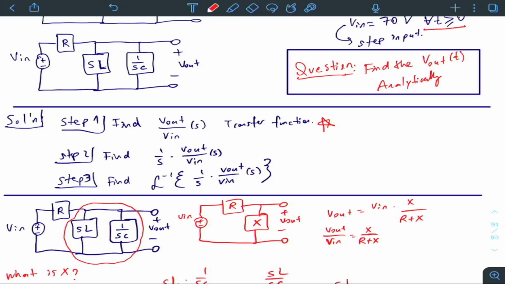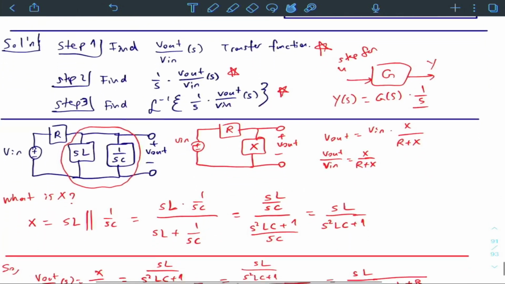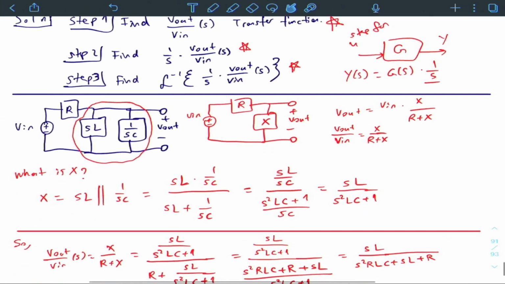And then since this is a step input, Y of s equals G of s times 1 over s, because step function, okay? And then find this term, and then find the inverse Laplace transform. Okay, this is a basic algebra problem at this point.